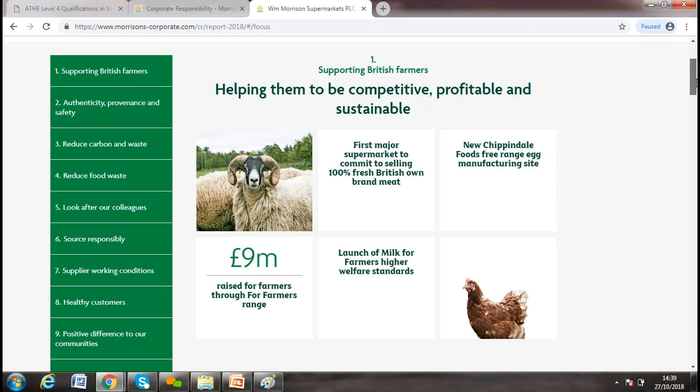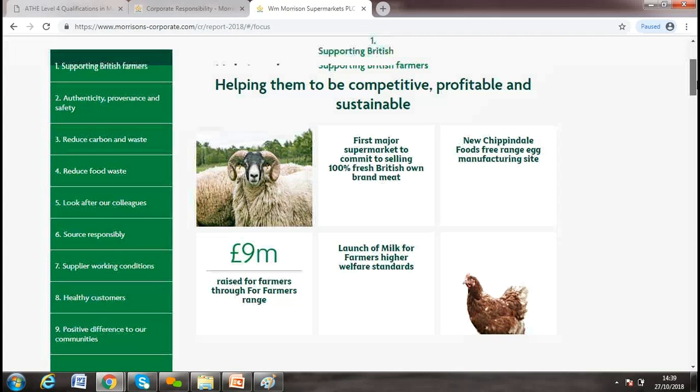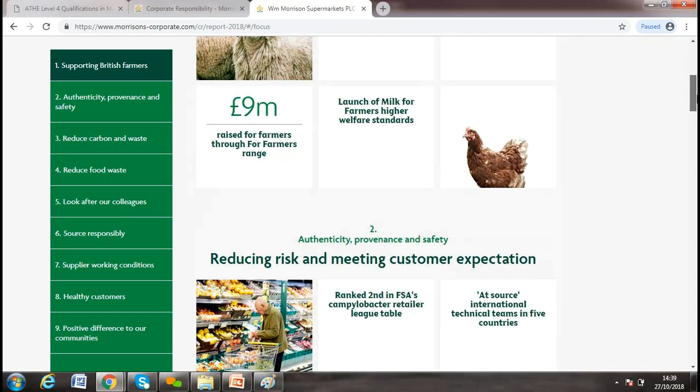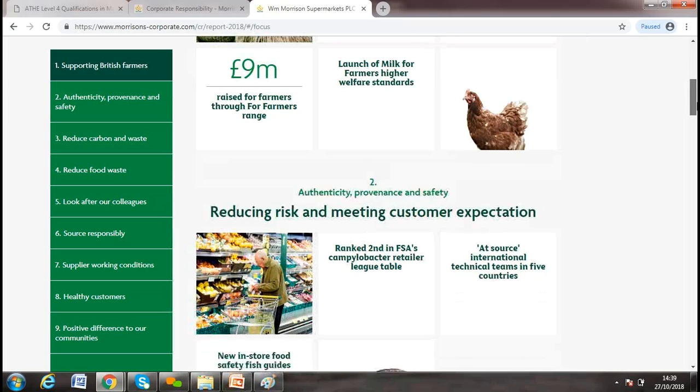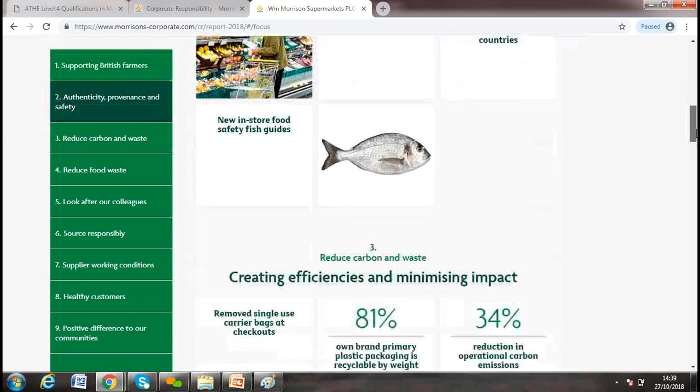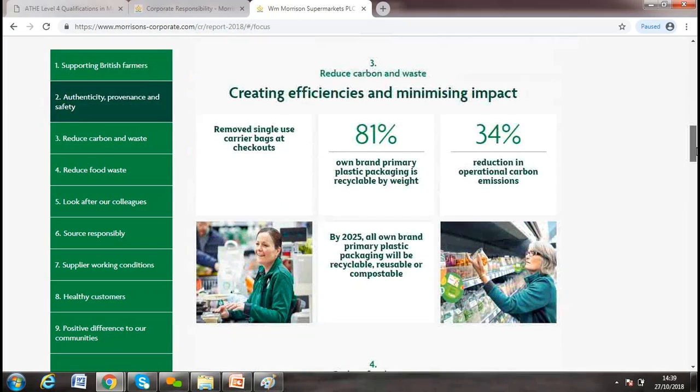They are helping local communities and farmers through the for farmers range of 9 million, new free range eggs, and a manufacturing side they set up. They launched milk for farmers, with higher welfare standards, reducing risk and meeting customer needs. These are all things we just discussed.